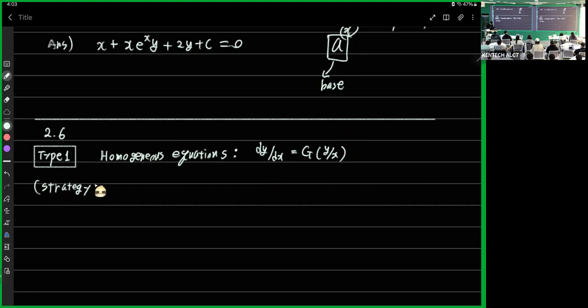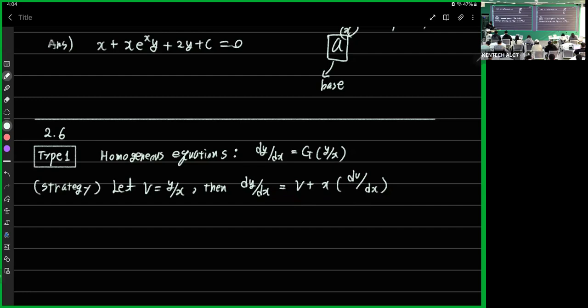The strategy: we substitute v equals y over x, so v is a new variable. Then dy/dx is equal to v plus x times dv/dx. You see, this is now going to be separable.